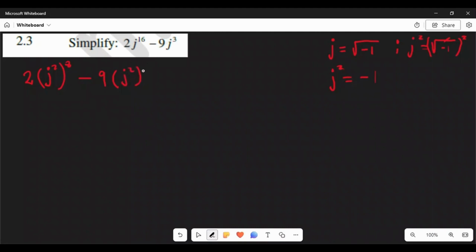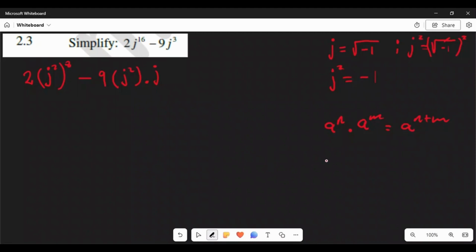So how can we manipulate this to give us j to the power of 3? If you still remember the exponent laws, we know that if the bases are the same and they are multiplying, the exponents will do what? They will add. Do you guys see? So if we have j to the power of 2, we can multiply by j.